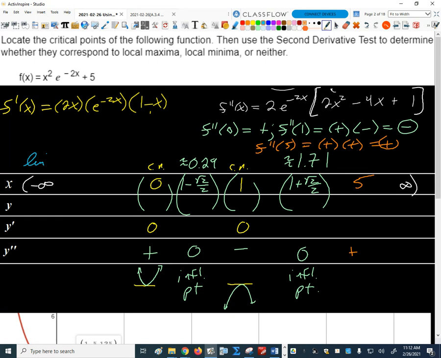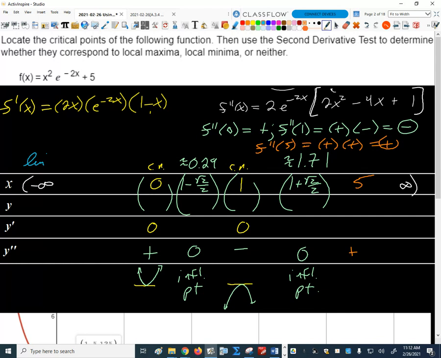Because the plus 5 won't end up mattering, and then the x squared is going to tend towards infinity, and then the e to the negative 2x will be multiplying it by e to some positive infinity number, since it'll be negative 2 times negative infinity.